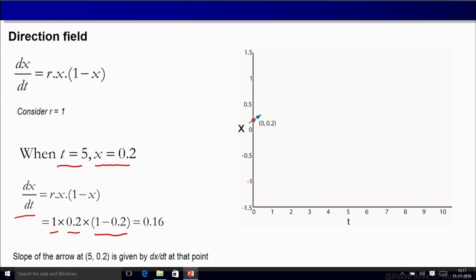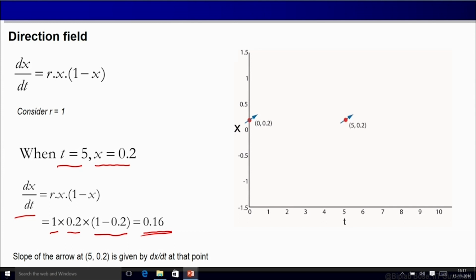So obviously I get the same value, dx/dt equal to 0.16. Let us put that point in this space and put an arrow having a slope 0.16. So that's what I have done here. You have a point at time 5, x equal to 0.2, and there I have drawn an arrow having slope 0.16, that is equivalent to almost 9 degree.